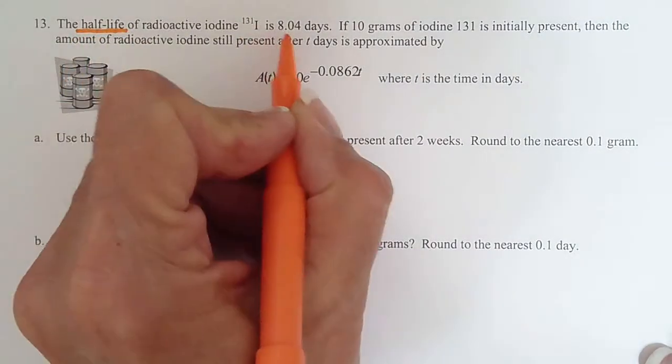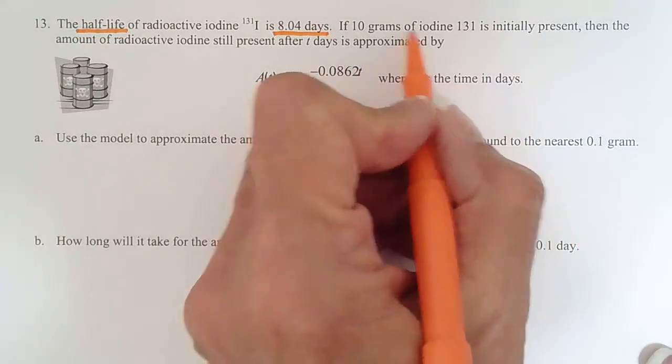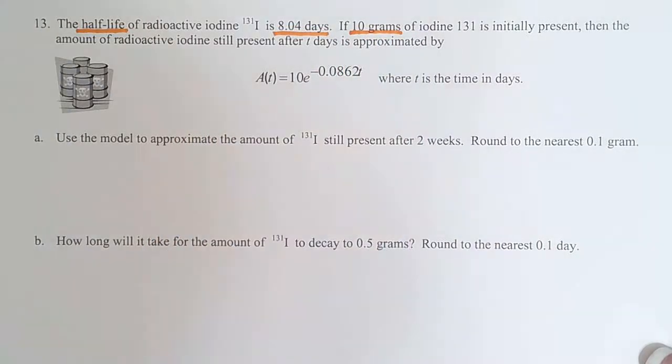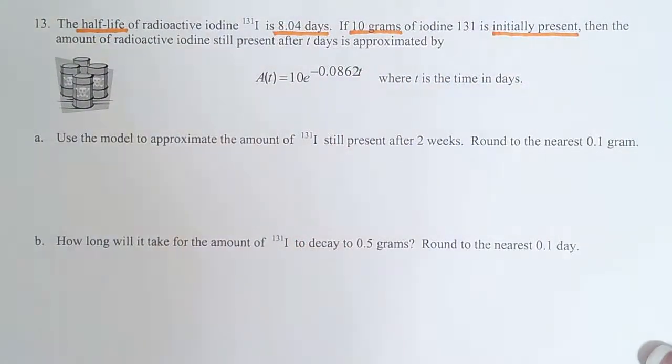So half-life, 8.04 days. If 10 grams of iodine 131, so that's not important, that's just its name, remember, but we do have 10 grams, that's original amount, is initially present, that's important, because you'll see in the formula in just a second, you need to know initial amount.